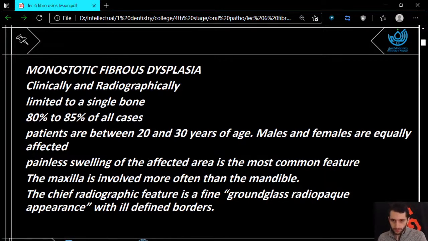As the name suggests, only one bone is being affected by this dysplasia. The monostotic dysplasia, clinically and radiographically, is very important, represented here. There is monostotic and polyostotic fibrous dysplasia, and we begin with monostotic.